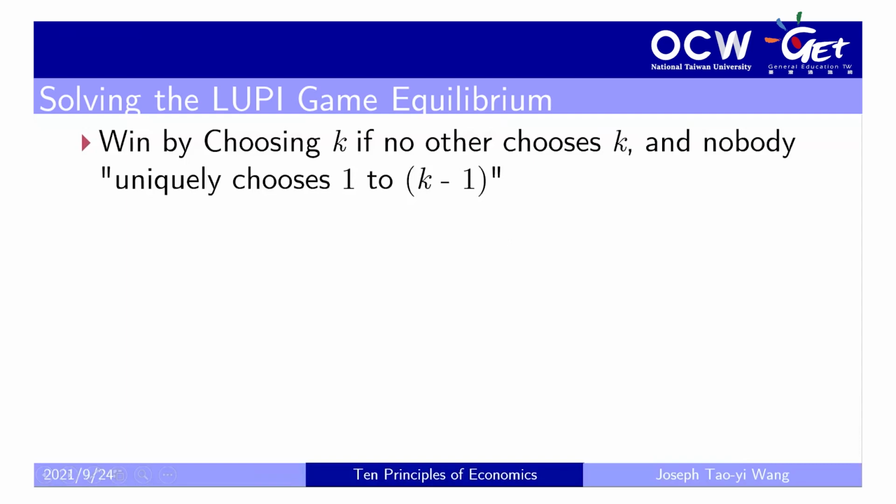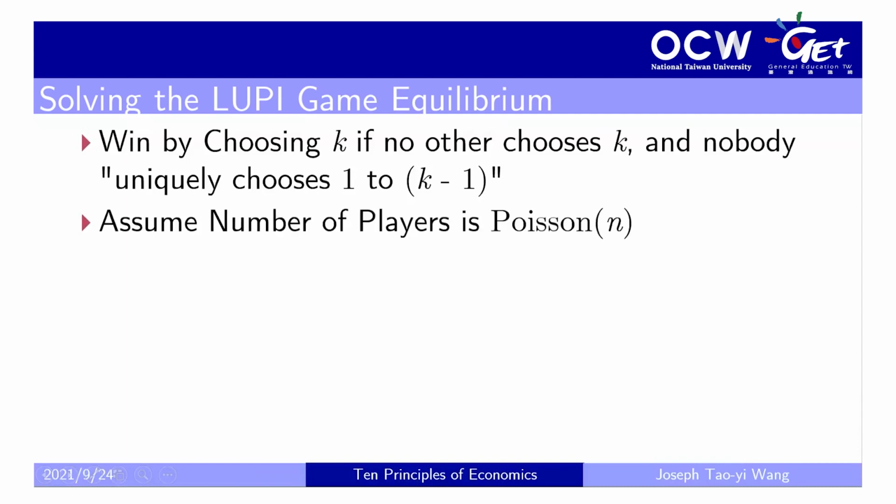If nobody is uniquely choosing 1, and nobody is choosing 2. What does it mean to win by choosing 3? Well, nobody uniquely choosing 1, nobody uniquely choosing 2, and nobody choosing 3. What about 4? Well, nobody uniquely choosing 1, nobody uniquely choosing 2, nobody uniquely choosing 3, and nobody choosing 4.